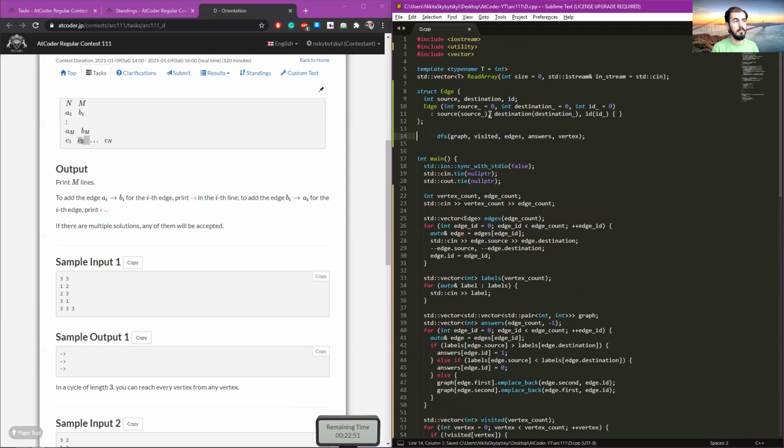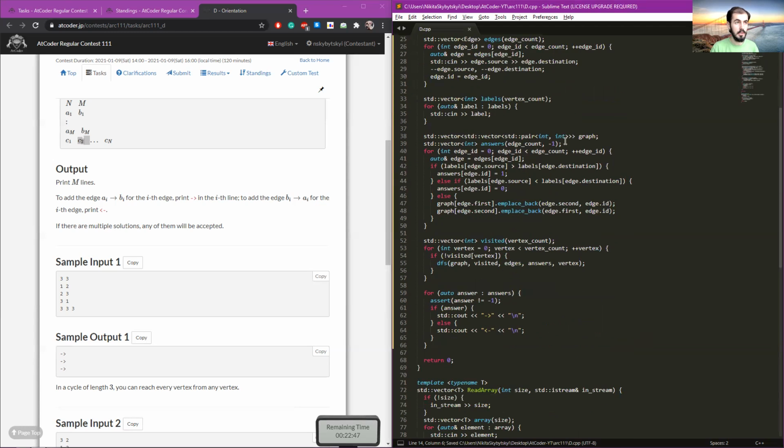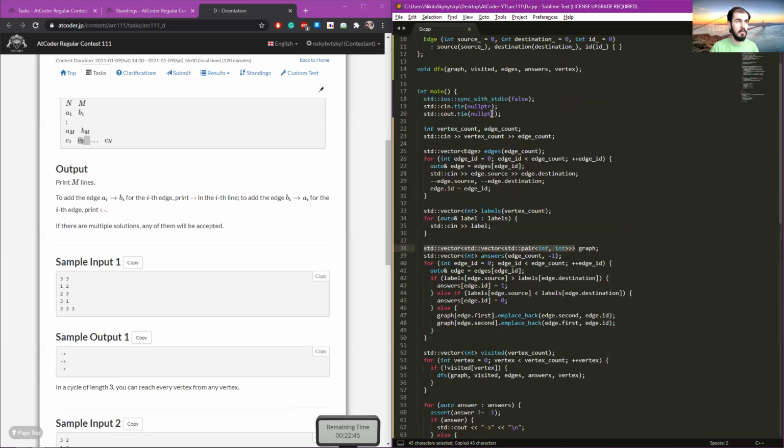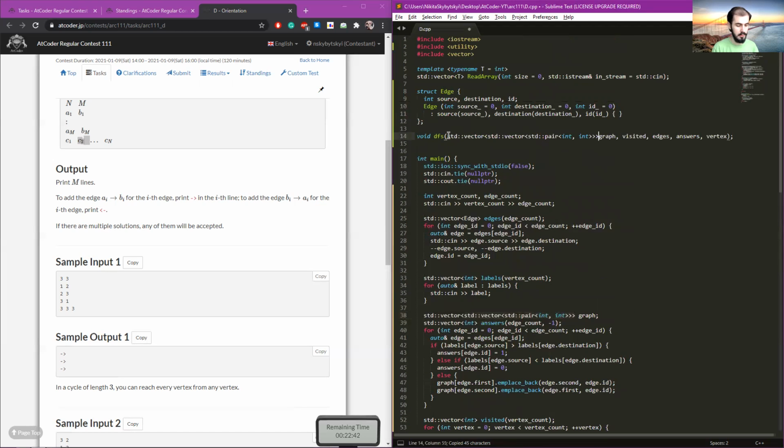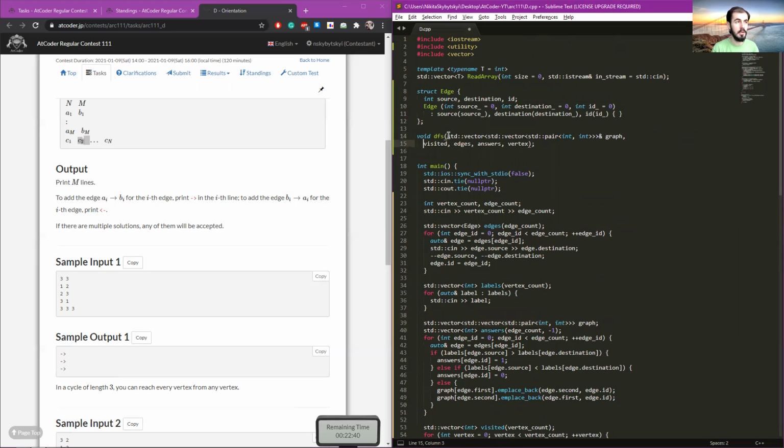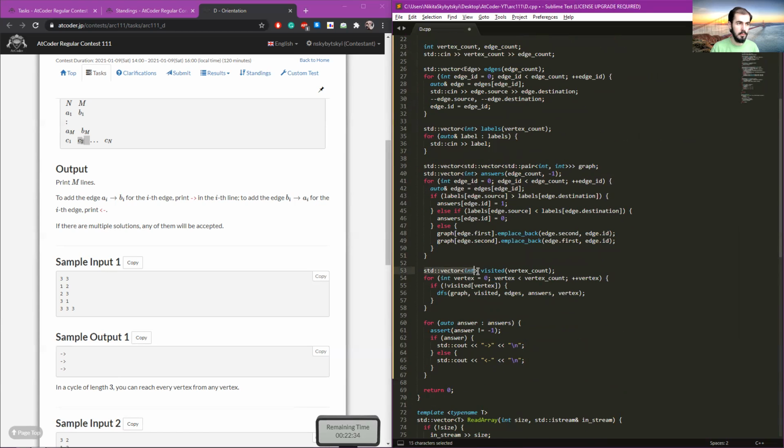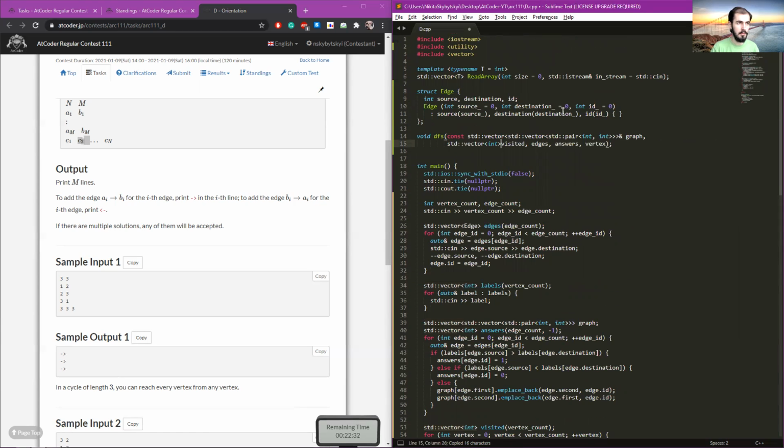Okay. DFS won't return anything. DFS will take graph by reference. I think we actually can pass constant reference. So visited by reference because we need to update it.